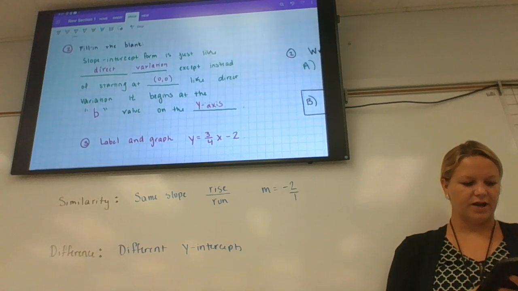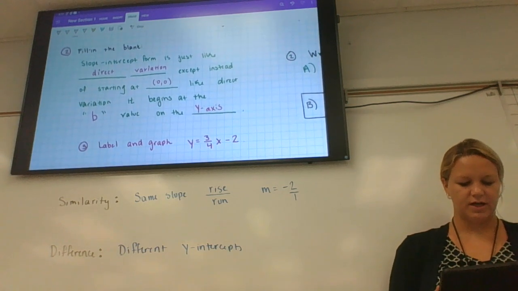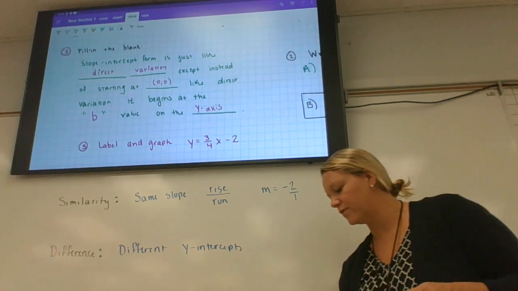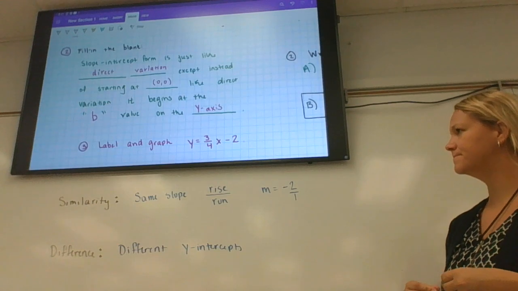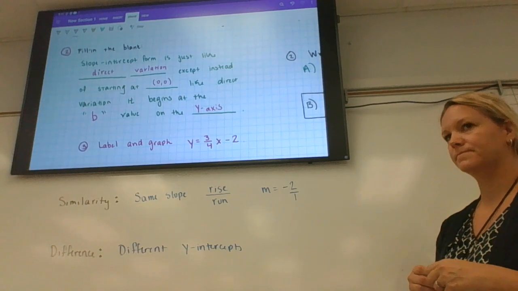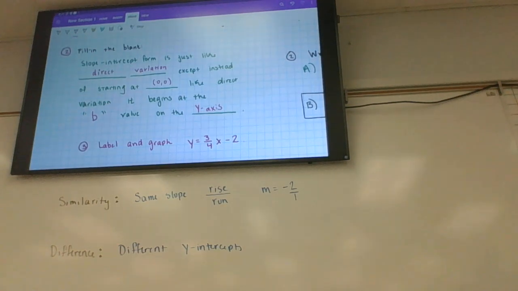All right, let's make a graph. Number 3 here is to actually graph slope-intercept form. It says label and graph it. I'll walk around and make sure. I love graphs. Lines.